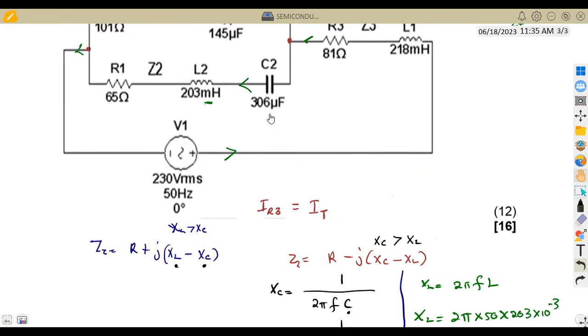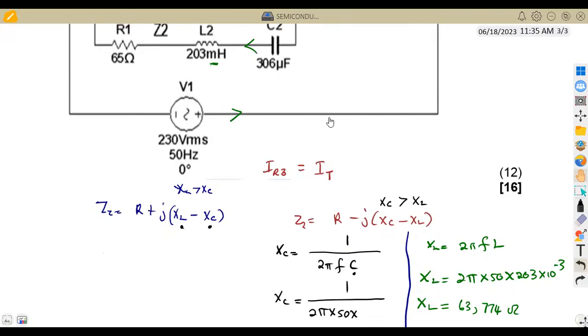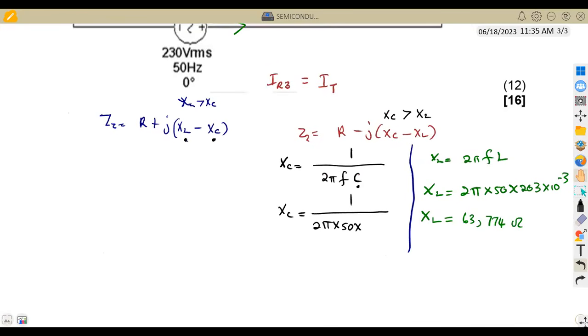So micro, that's times 10 to the exponent of negative 6. So this gives us the value of XC. From your calculator, if we simplify properly our XC, we are going to obtain something like 10.402 ohms, to 3 decimal places.